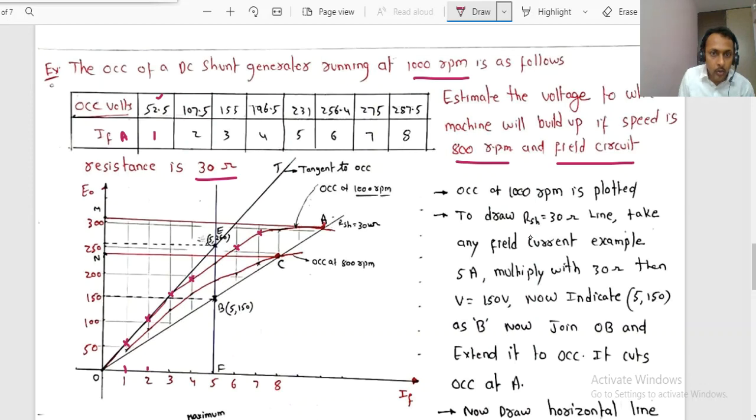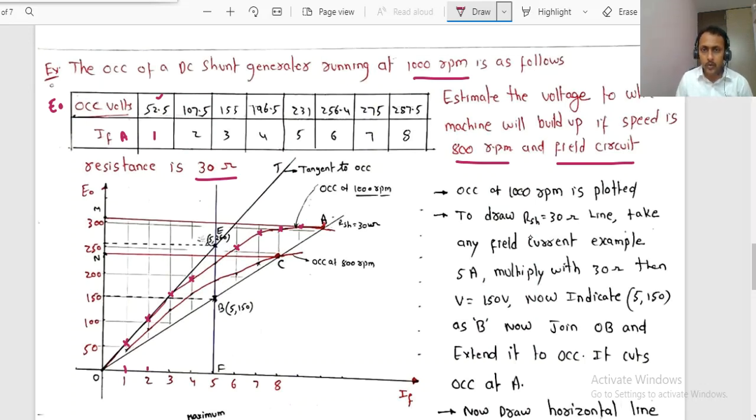Slowly join all those points, and on joining them you will get the curve OA. Up to here clear? Field current versus the OCC voltage, E naught. You will get the curve OCC.